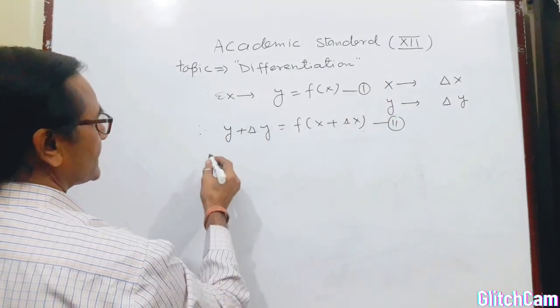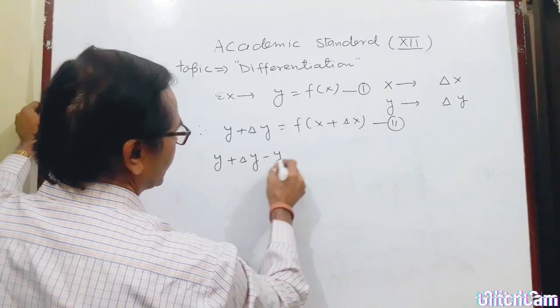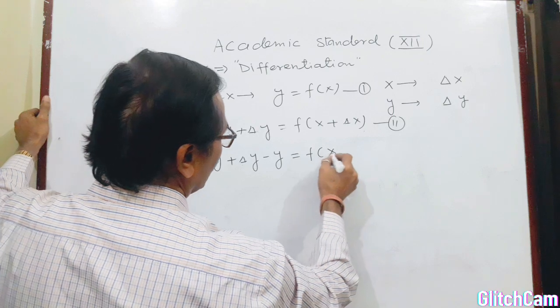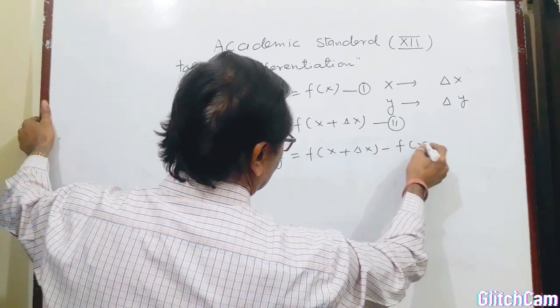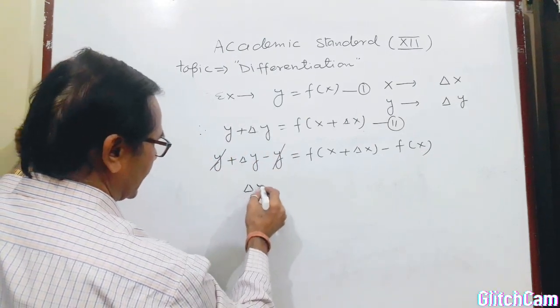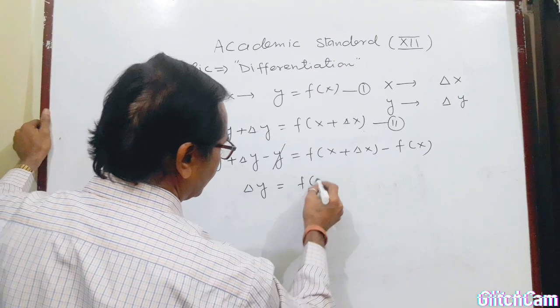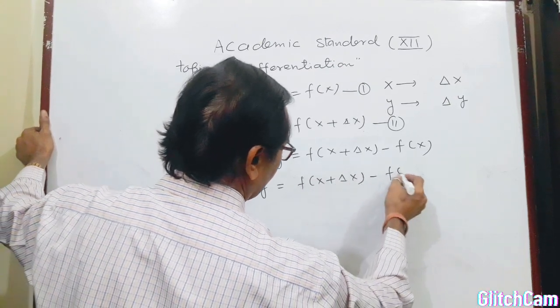We subtract second from first: y plus delta y minus y equals f(x plus delta x) minus f(x). Here y will cancel, so delta y equals f(x plus delta x) minus f(x).